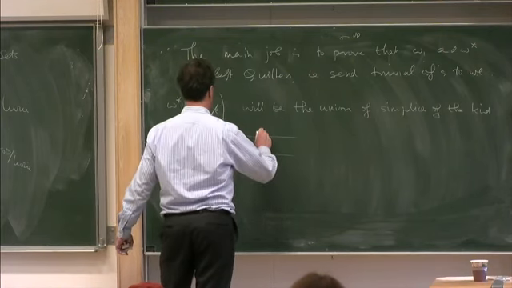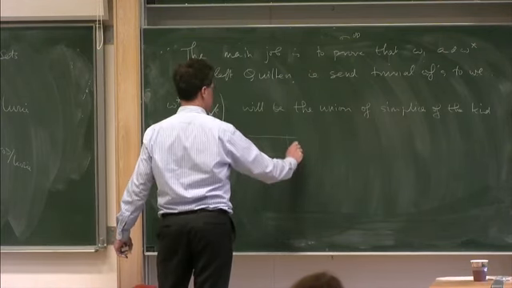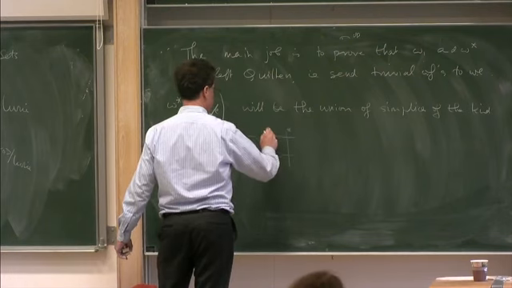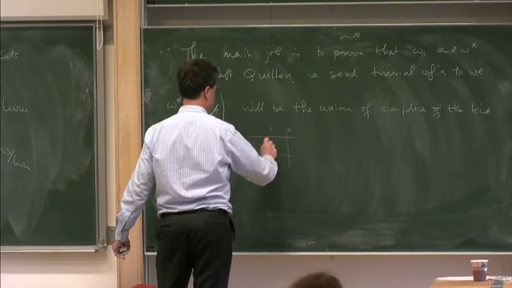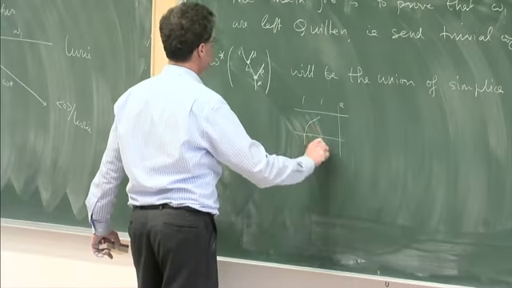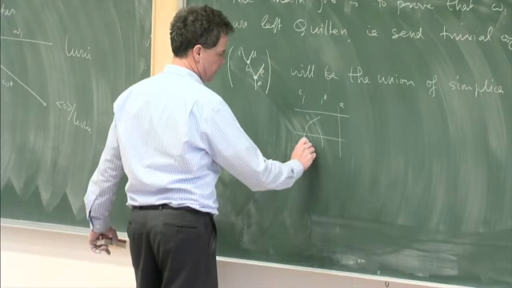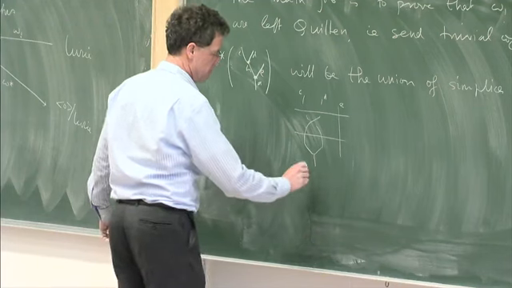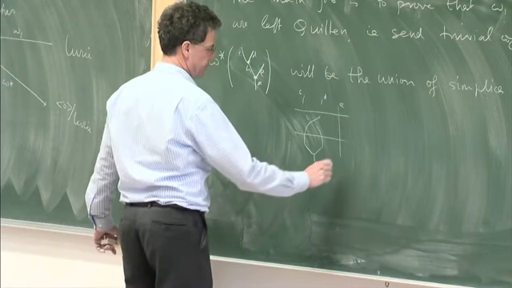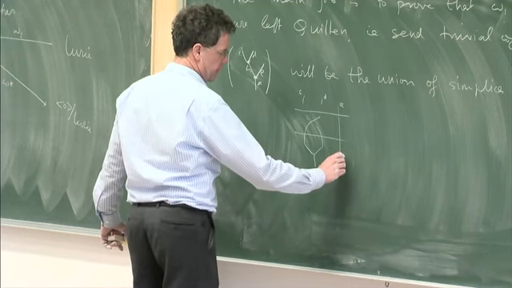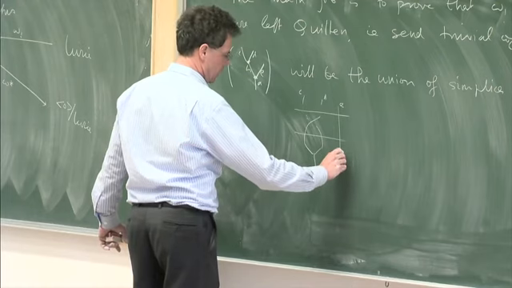So a typical simplex will look like this. Here is E. Here is, for example, D, C, and then you could put an operation here. And okay, if I forget, then I should do nothing here.